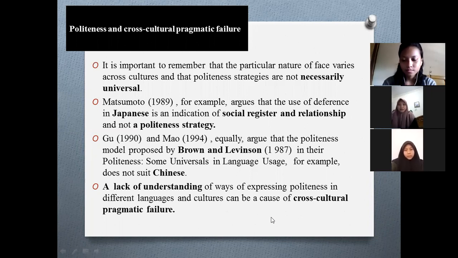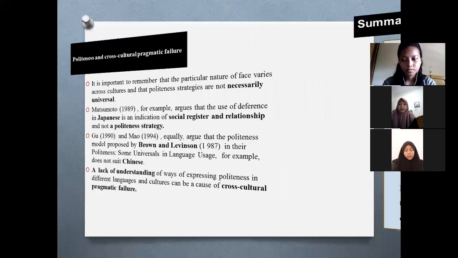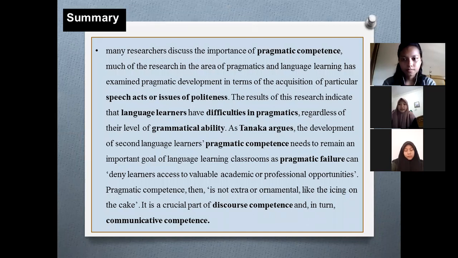It is important, however, not to take English as the language of pragmatics research. Many researchers discuss the importance of pragmatic competence. Much of the research in the area of pragmatics and language learning has examined pragmatic development in terms of the acquisition of particular speech acts.